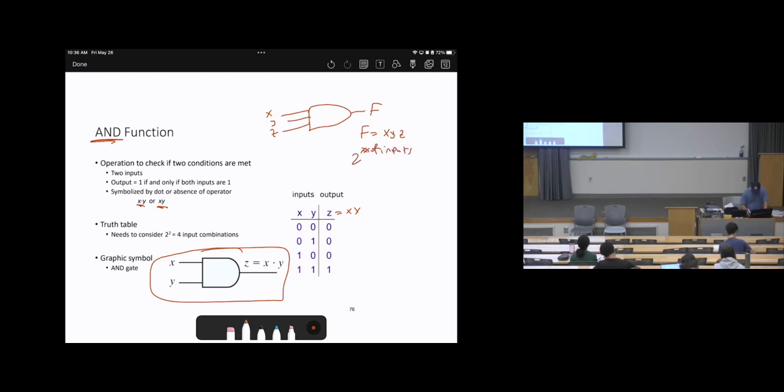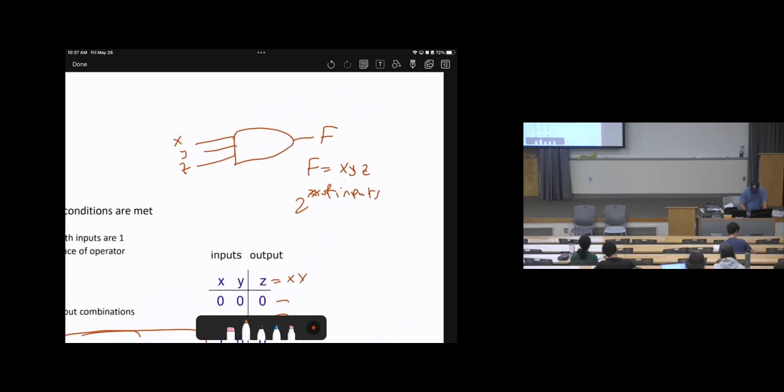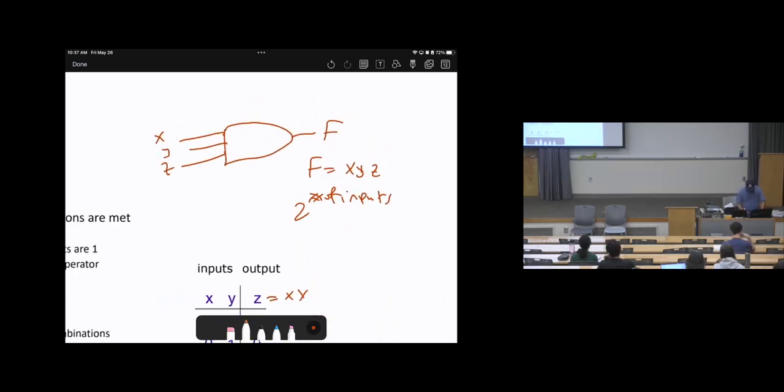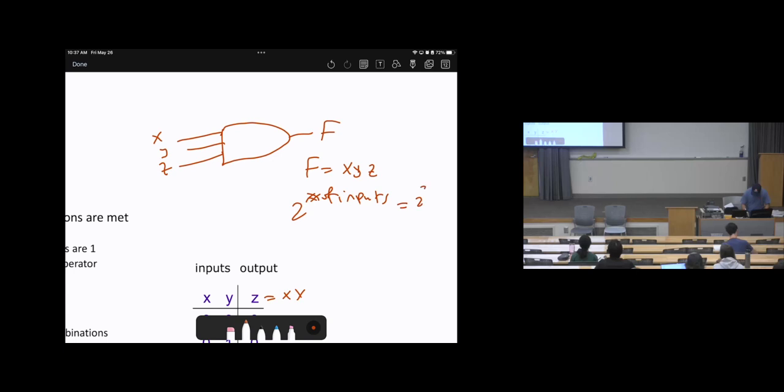So here, in the past, we had 2 to the power 2, which is 4. So we have 4 possibilities. Now, if we have 3, then it will be 2 to the power 3, and we will have 8 possibilities.